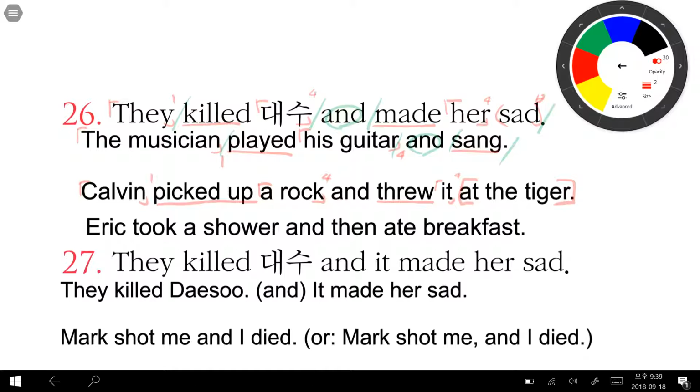Note that when the second action in a compound predicate happens after the first action, we often add then before the second action. For example, Eric took a shower and then ate breakfast.